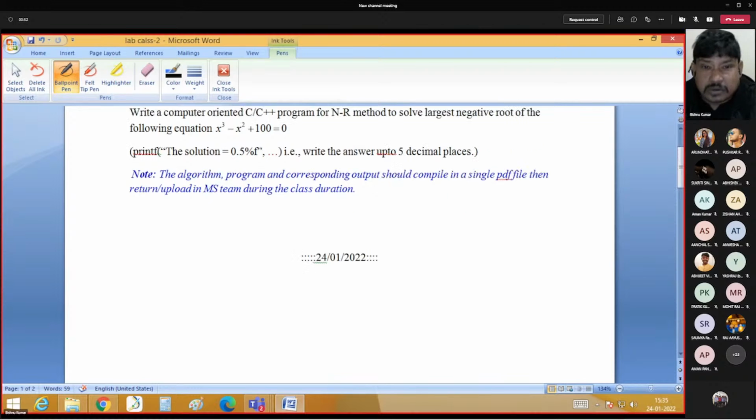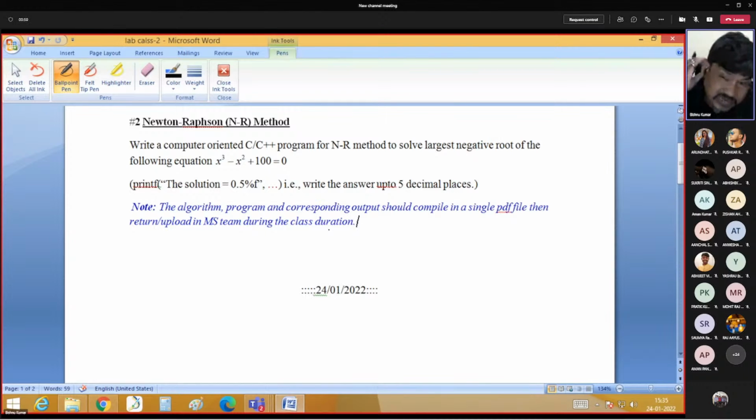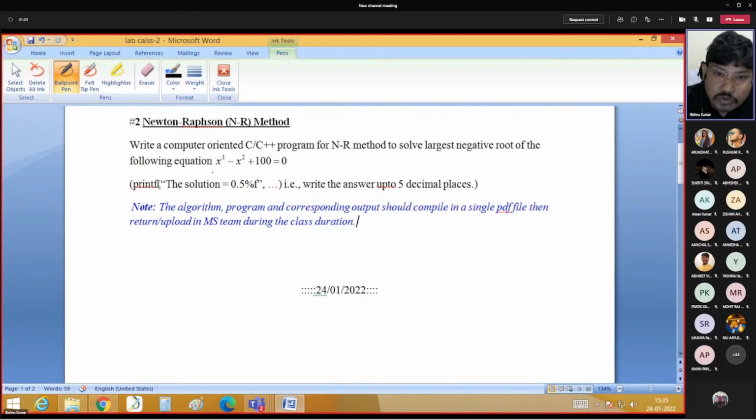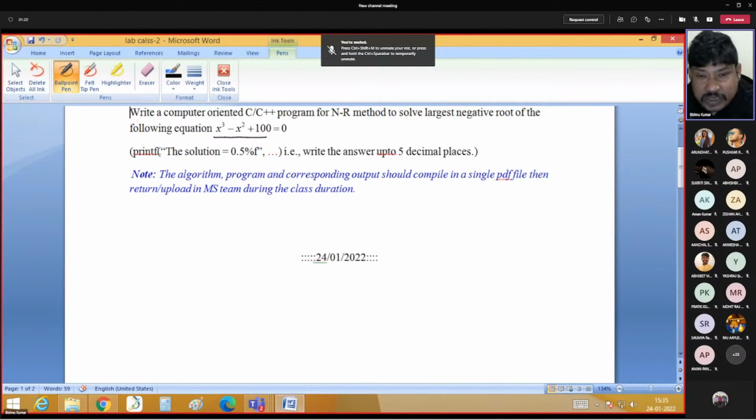In this method, initial solution consideration is actually very important. Suppose a cubic equation. I have given you here a cubic equation, and a cubic equation means it will have three roots.